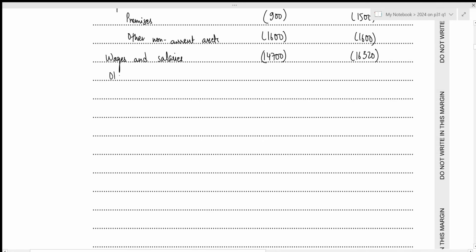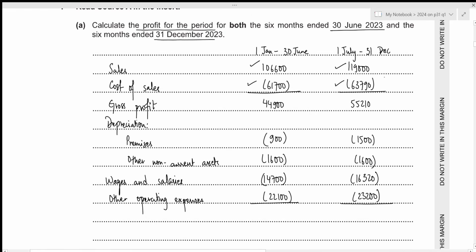So other operating expenses, 22,100 for the first half, 23,200 for the second half. That is all for our cost. So now we can calculate profit for the period.